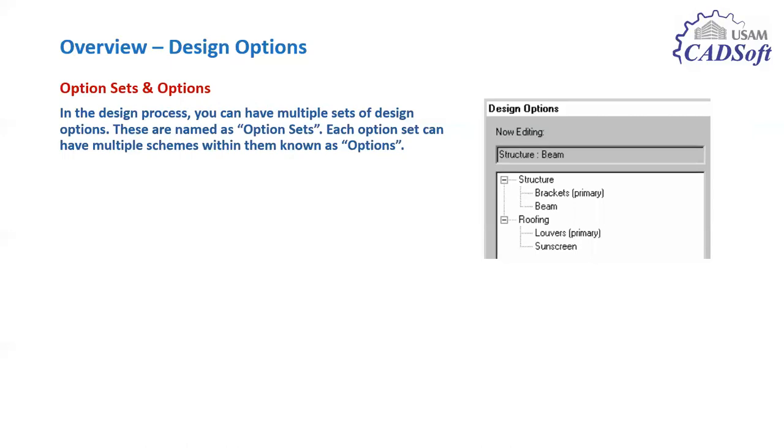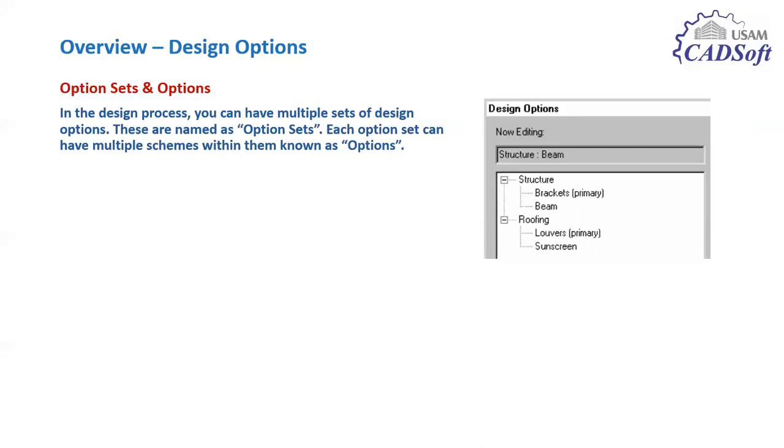For example, here I have a structure option set and a roofing option set. The structure is basically what I'm going to build with, and the roofing is another option set, for the roofing element.